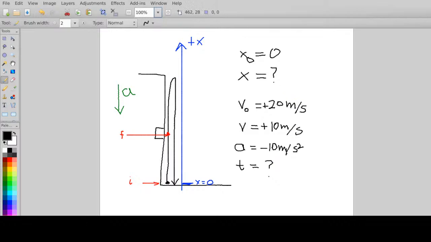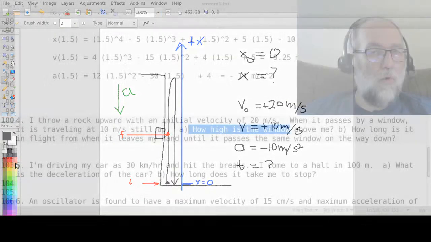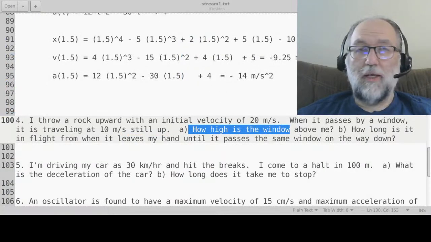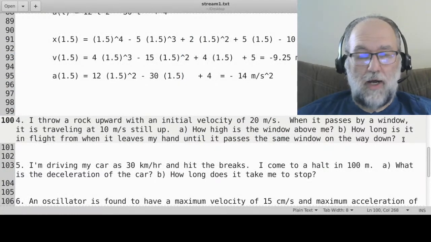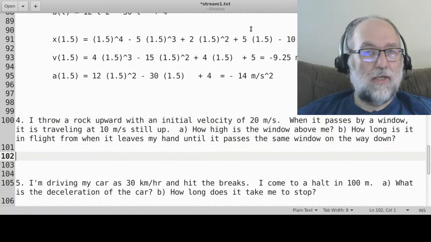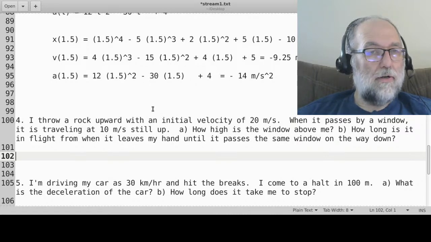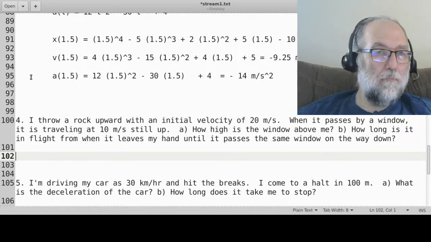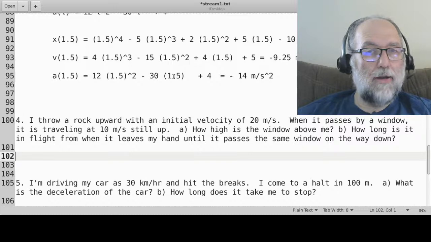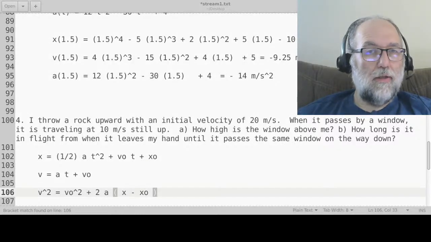So with those numbers, we can try to plug into our 1D kinematic equations for constant a. Let me just cut and paste all those. Hold on here. So here are our equations. Okay, good, they showed up.